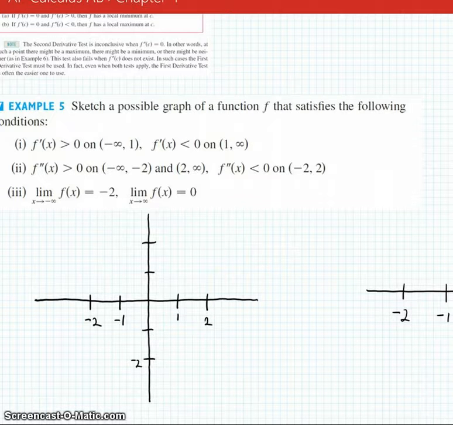Okay, so the conditions that are given, condition 1 says that the first derivative is positive on the interval negative infinity to 1, and the first derivative is negative on the interval 1 to infinity. So from the last section, we know that the function is decreasing from 1 to infinity, so we can mark that.